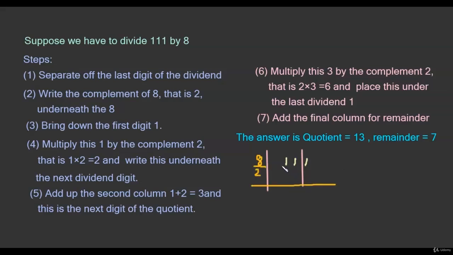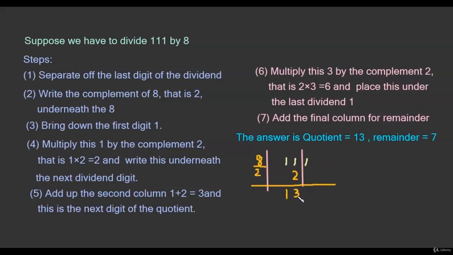So we are dividing by 8 and its complement is 2. The steps are: first of all we bring down the first digit as it is, and then multiply it by the complement number 2 and write the result below the next dividend digit. Now we add these two numbers. So 1 plus 2 gives us 3.